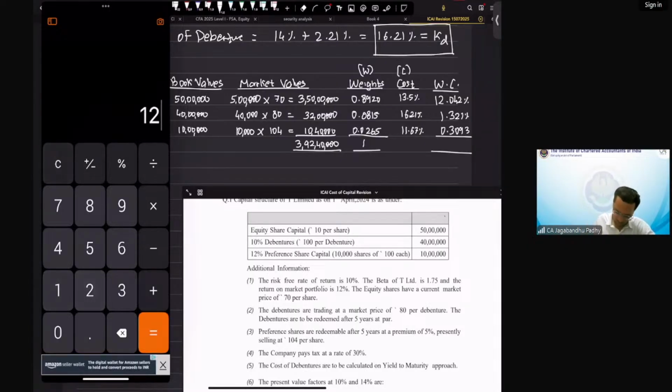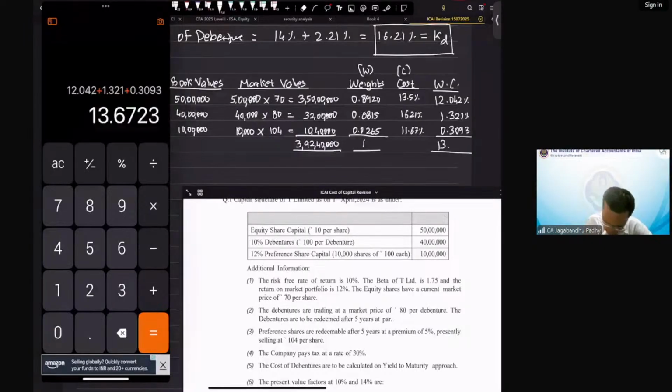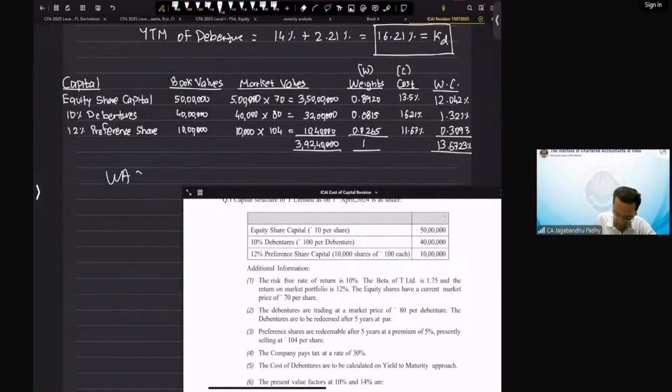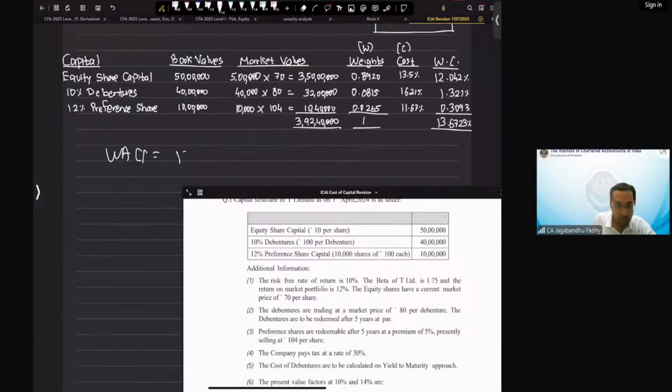Then take the total: 12.042 plus 1.321 plus 0.3093, that's 13.6723%. Okay, we have got the weighted average cost of capital to be 13.6723%.